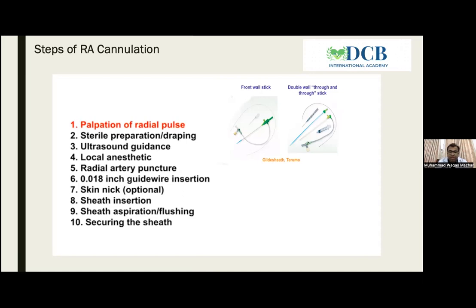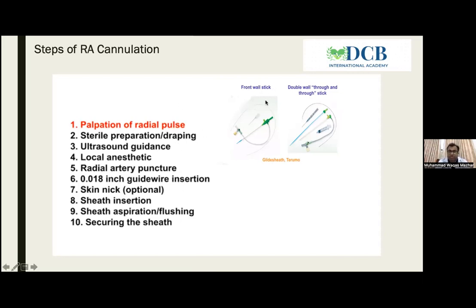Then skin nick. Skin nick is optional, as some of the Terumo devices are very soft and the sheath goes in easily with slippage without giving the nick to the skin, but not with all sheaths. Then sheath insertion, sheath aspiration and flushing, and securing the sheath.